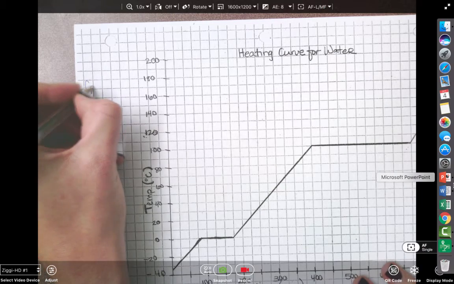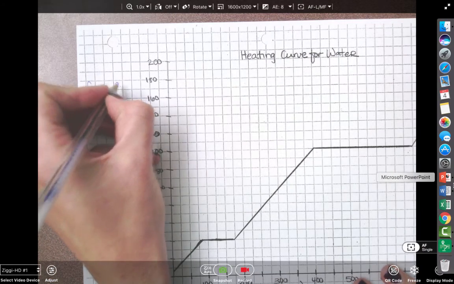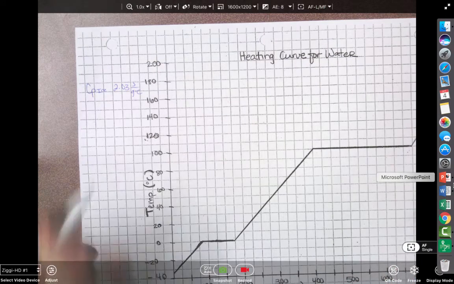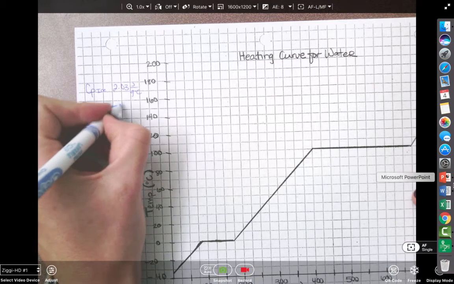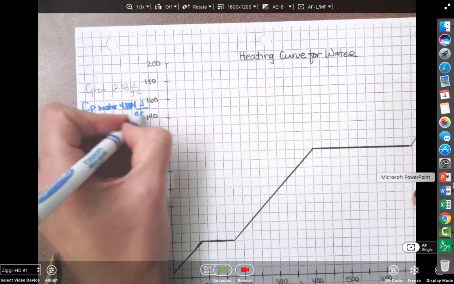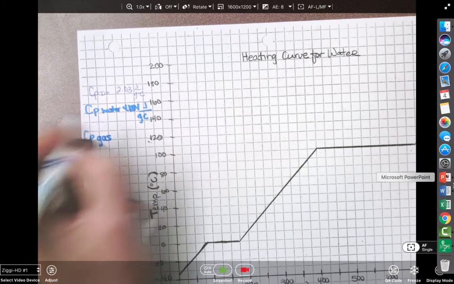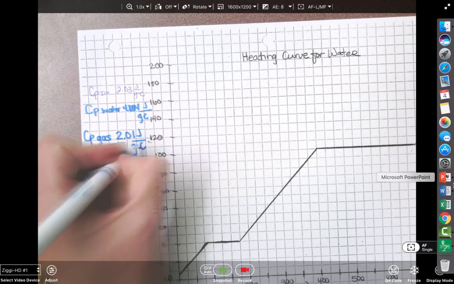The specific heat for ice is 2.03 joules per gram degrees Celsius. It's kind of hard to see. The specific heat of water is 4.184 joules per gram degrees Celsius. The specific heat of water vapor, or the gas form, is 2.01 joules per gram degrees Celsius.